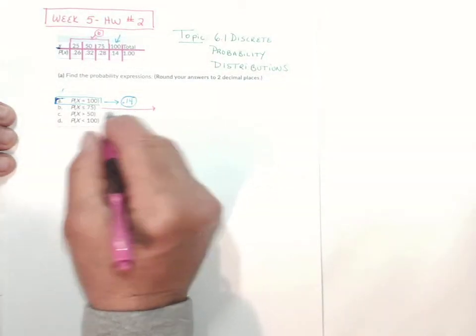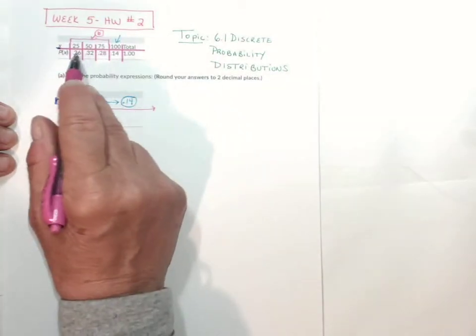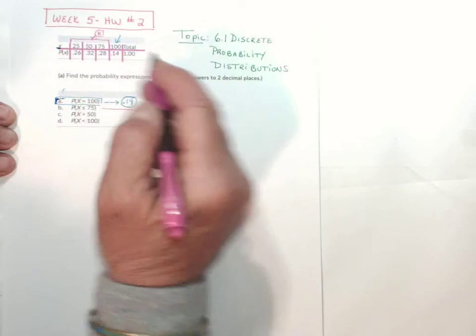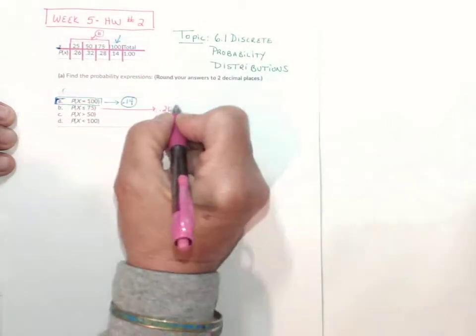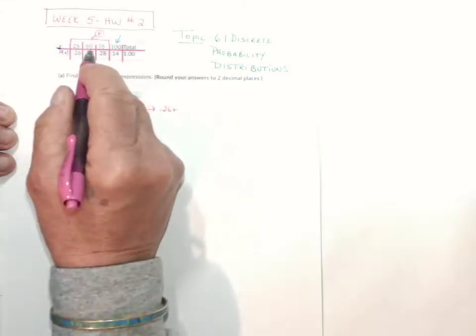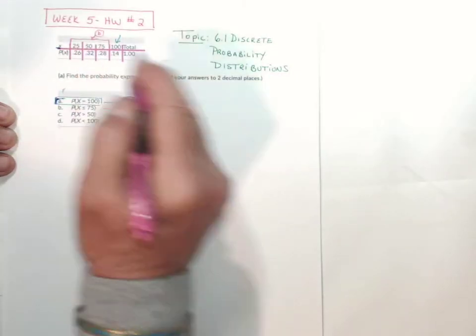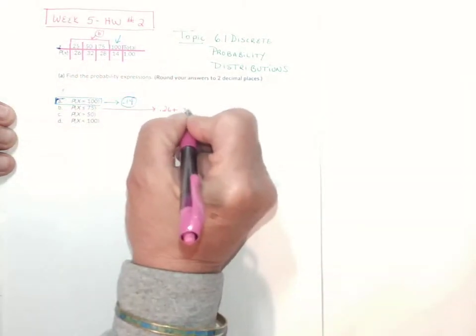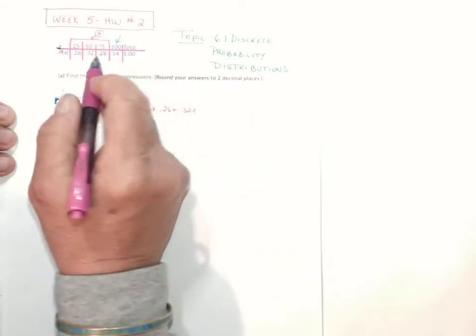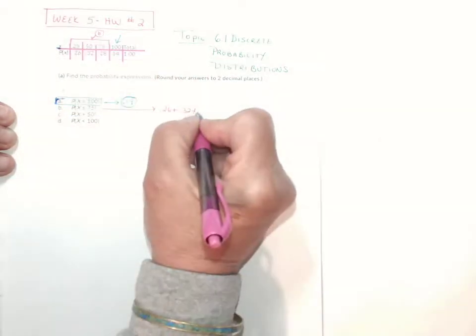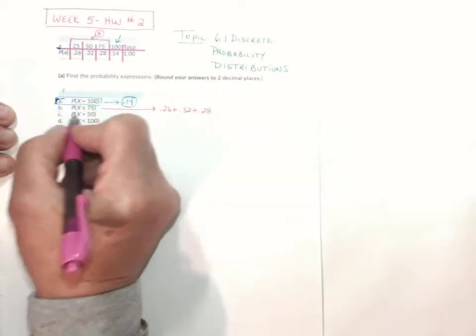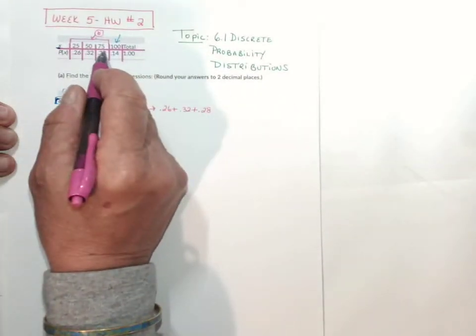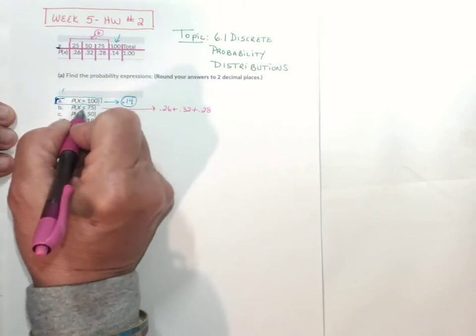And the data values you're going to do here is you're going to add 0.26 plus x is 50, so that's 0.32. Plus 75, that's 0.28. And you include the 75 because it has the equal sign.